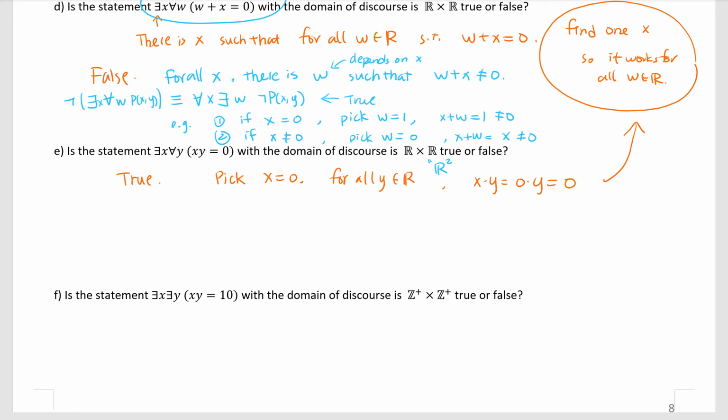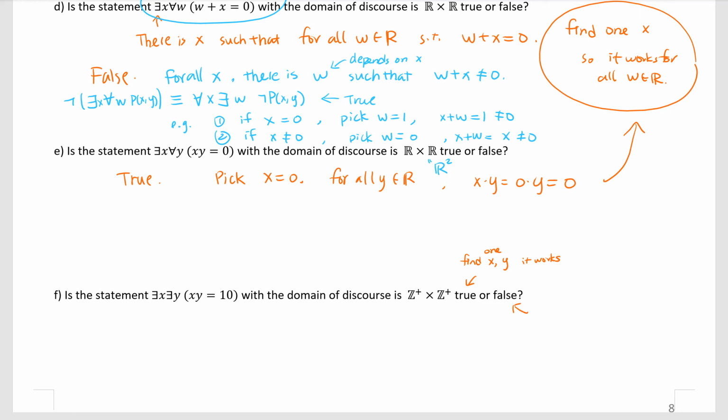Alright, let's continue. Part F is the statement: there exists x, there exists y, x times y equals 10, with the domain of discourse being Z plus. True or false? In order to show it's true, we just need to find one x and one y that work.